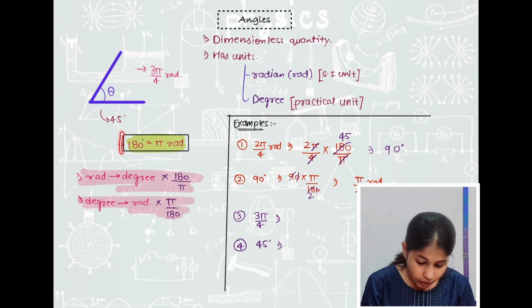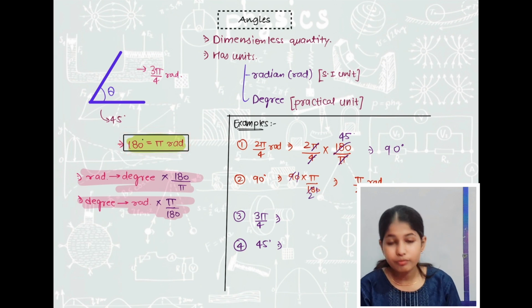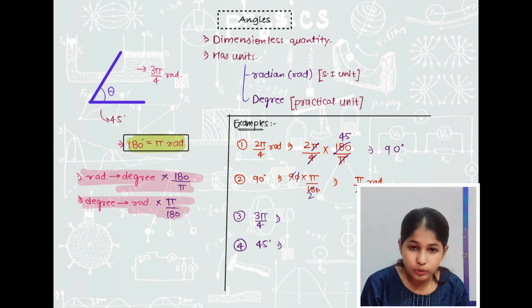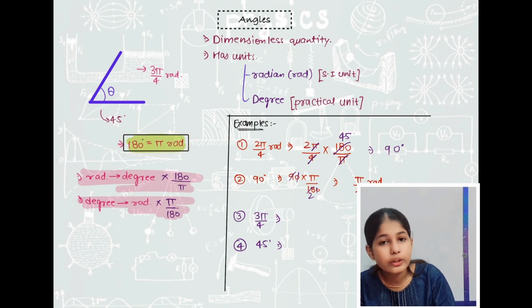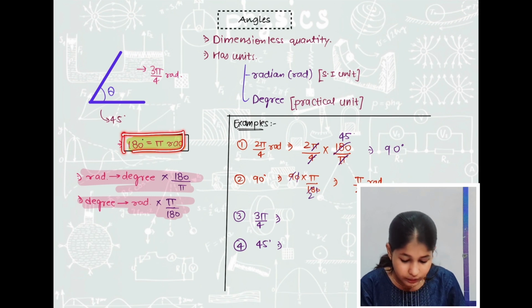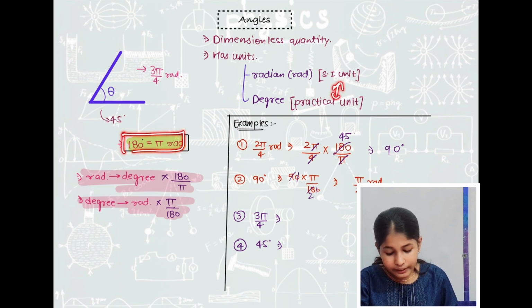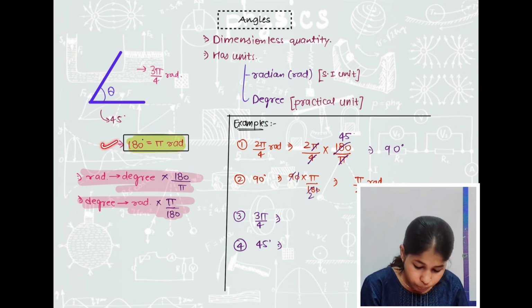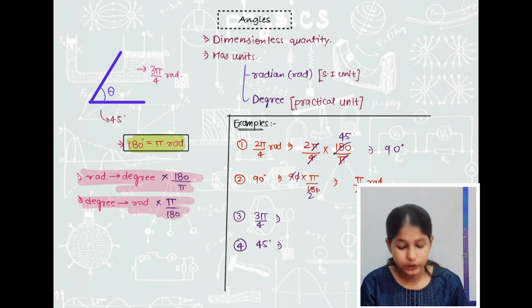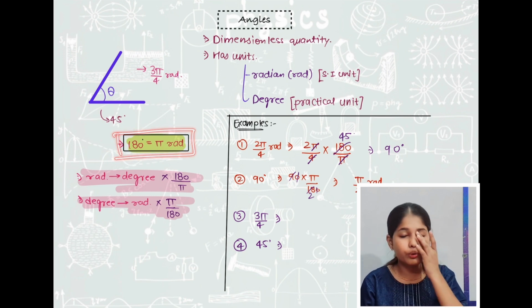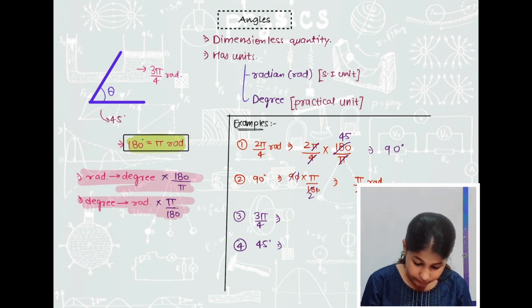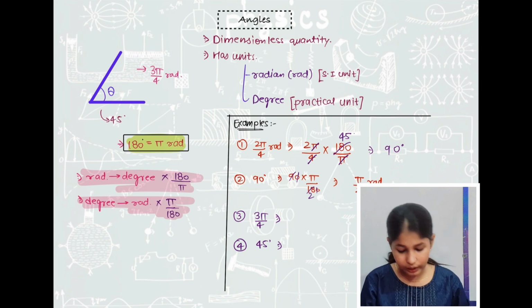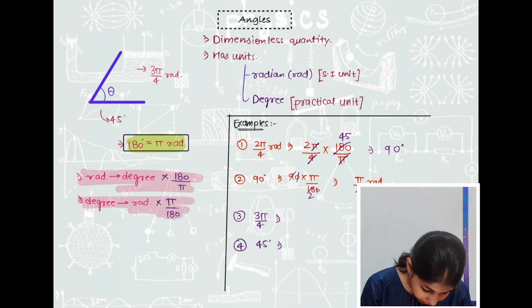Now if someone asks you to show the relation between degree and radian, what will you do? You will simply write this equation, that is 180 degree is equal to pi radian. Okay? Because from this you can simply work out the answer.